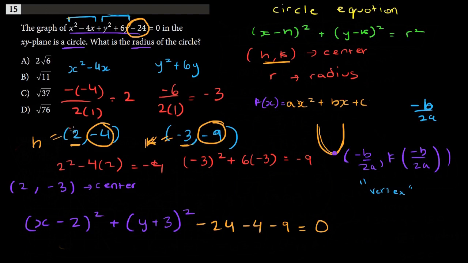The fake vertex for the first segment was 2 comma minus 4, and the second was minus 3 comma minus 9. The reason I call them fake vertices is that a circle cannot really have a vertex. But these individual parts are actually just quadratics, and that's why I'm able to find their vertex points.